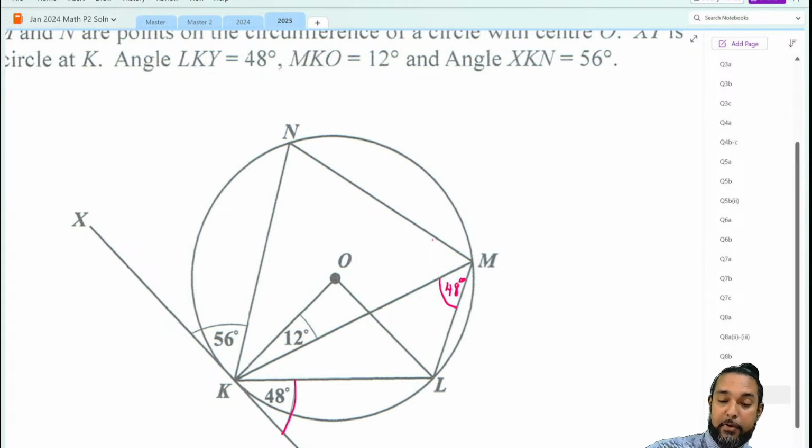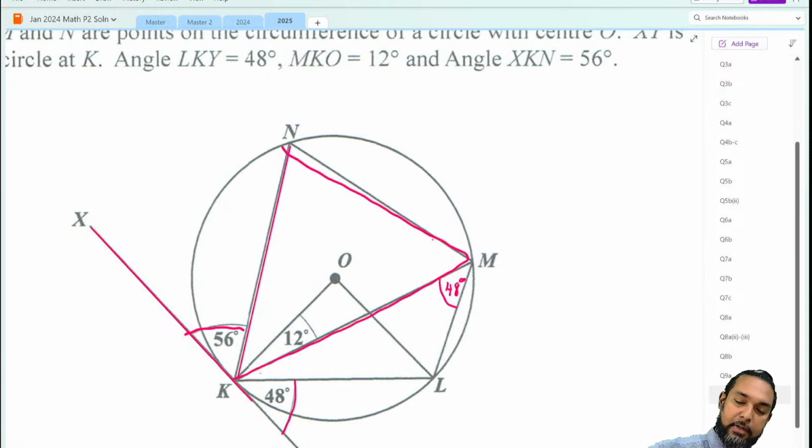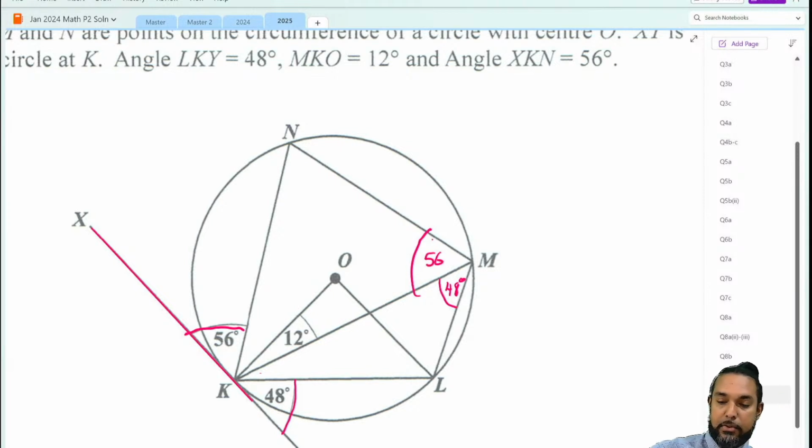And if you follow the same rule, you have a chord here and a tangent here, and the angle between tangent and chord is equal to the angle in the alternate segment. So this angle across here is 56. So the total angle LMN is 56 plus 48, which is 104.